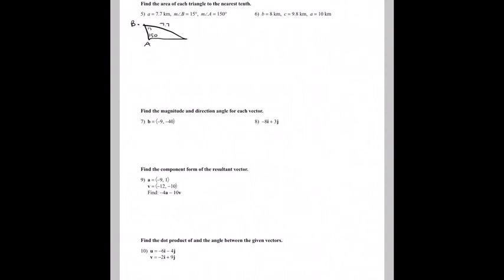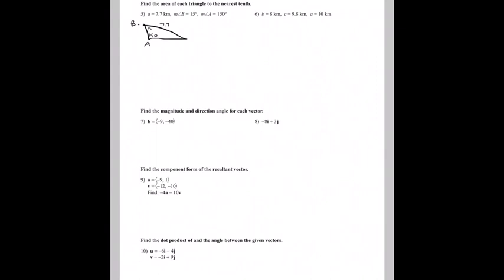So what we're going to have to do is use either law of sines or law of cosines, depending on which one fits the situation, and find another side. We have to have two sides to use any of those angle area formulas. So let's see what we have here. We have angle, angle, side. That's law of sines.